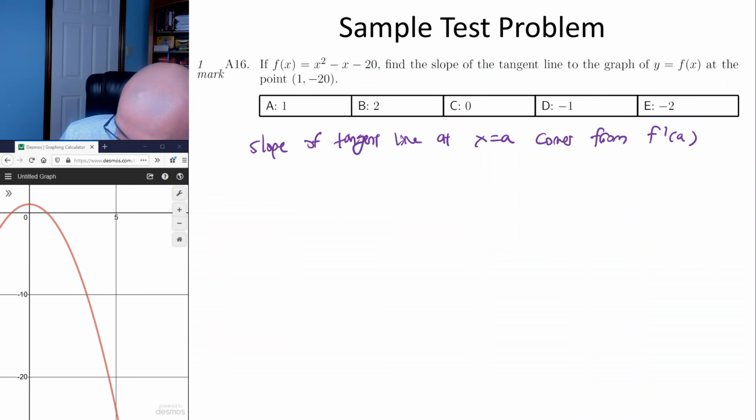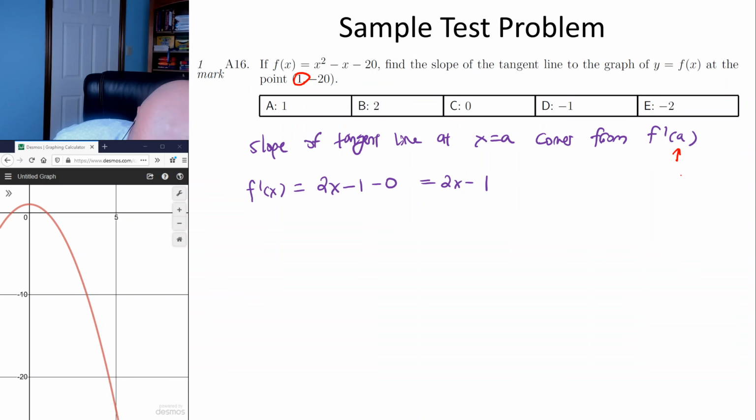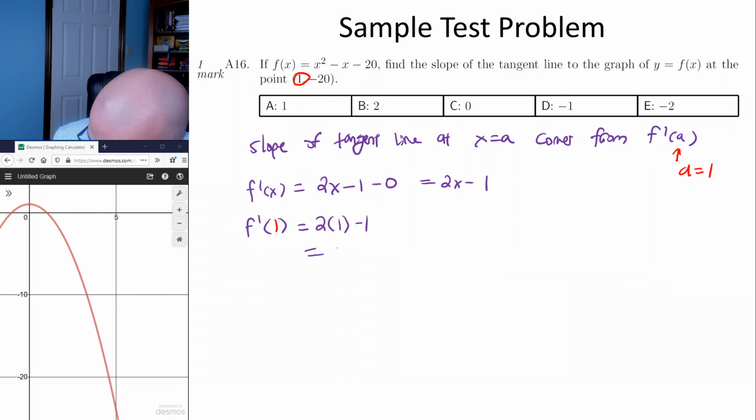We want to plug in a equals 1, the x coordinate of that point. Two times 1 minus 1, 2 minus 1, which is 1. So that's the answer, option A.